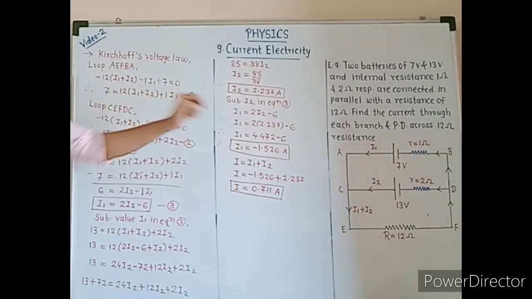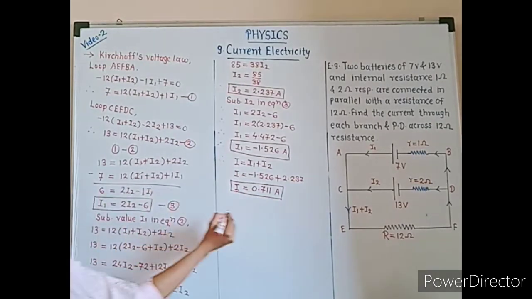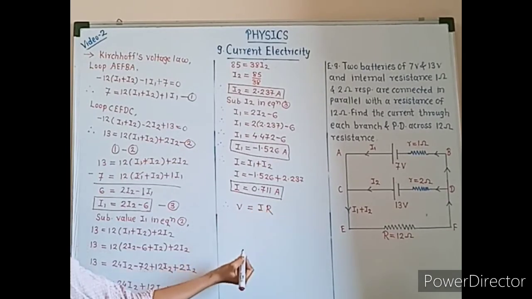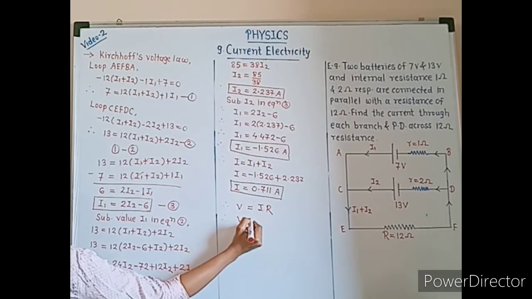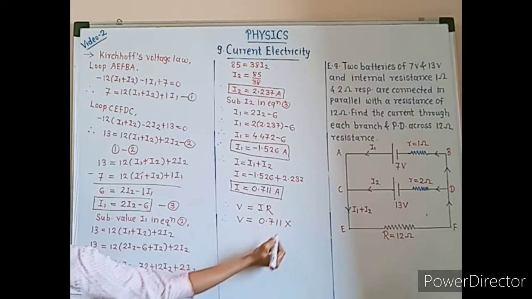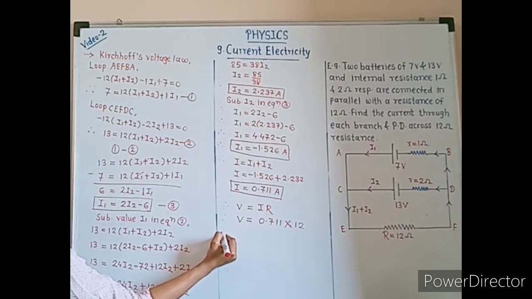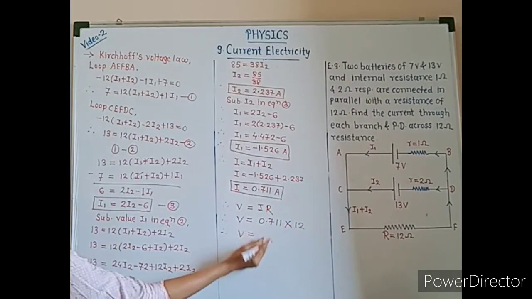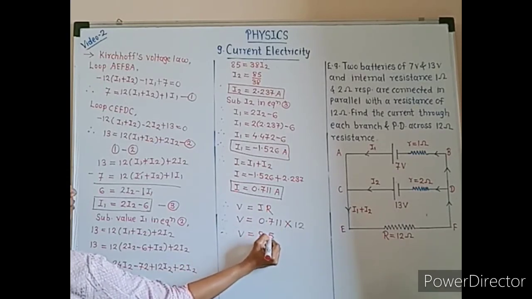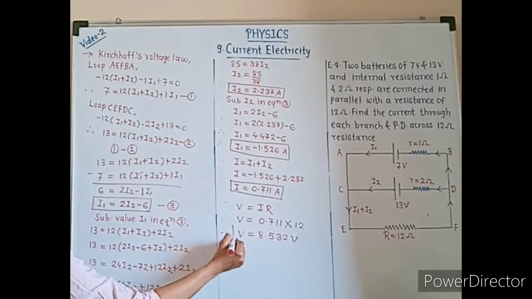Now we have to find the potential difference across the 12 ohm resistance. The potential difference V is equal to I into R. Hence V is equal to the total current 0.711 into the resistance 12 ohm, which gives 8.532 volt.